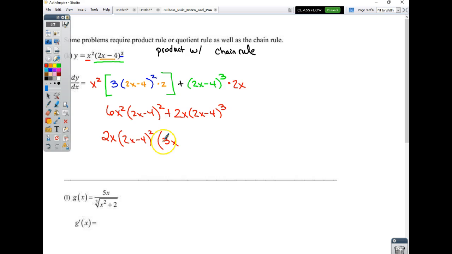And then the 2x was factored out, so this would be plus 2x minus 4. Or we'd call that 5x minus 4. And you might see an answer that says 2x times 2x minus 4 squared times 5x minus 4. And that might be a legitimate answer that you will see on the AP test, even say on your homework.